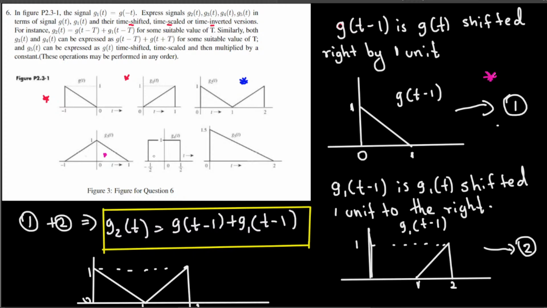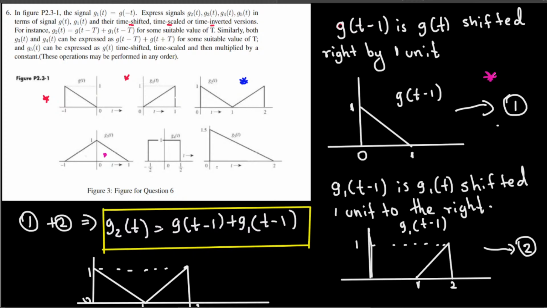We can actually make this happen. How can we make this happen? Because if we move this one by half unit to the right, this one is going to be meeting at half right here, right? And if I move this one half unit to the right and this one half unit to the left, this is going to meet in the middle as well. In the middle we have both of them at half, and these two add up and become one. So this still works. We don't have to do anything else.